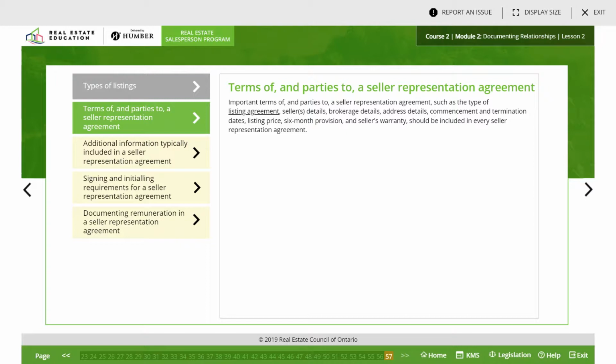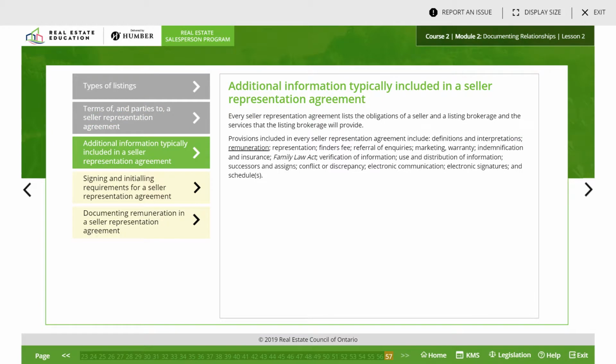Important terms of and parties to a seller representation agreement, such as the type of listing agreement, seller details, brokerage details, address details, commencement and termination dates, listing price, 6-month provision, and seller's warranty should be included in every seller representation agreement. Additional information typically included in a seller representation.